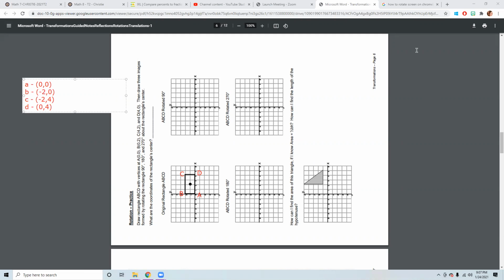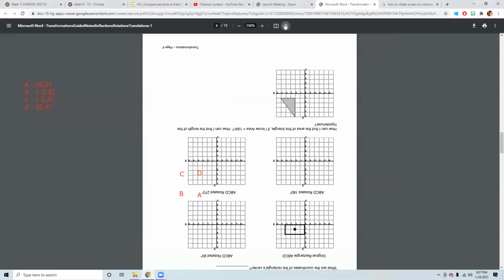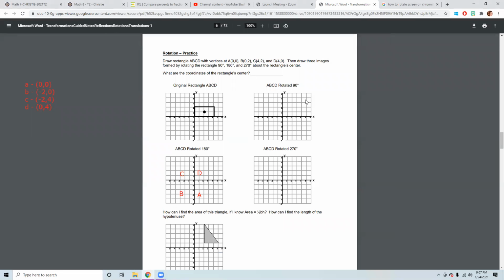And so when I go back to my original, this is what I'm drawing. I'm going to put point A at 0, 0. Point B goes at -2, 0. So -2, and then it's not moving any on 0. C is at -2, +4. -2, +4 is right there. That's really big. And then D is at 0, 4.